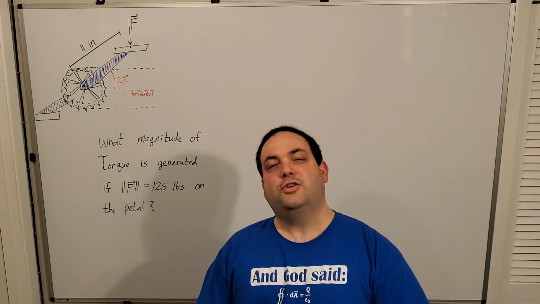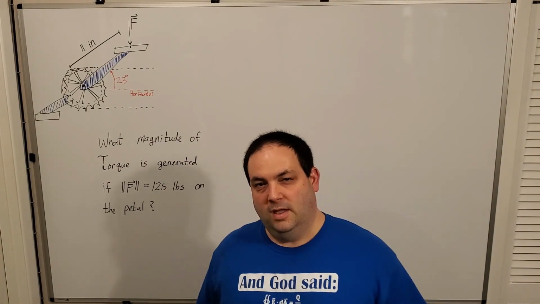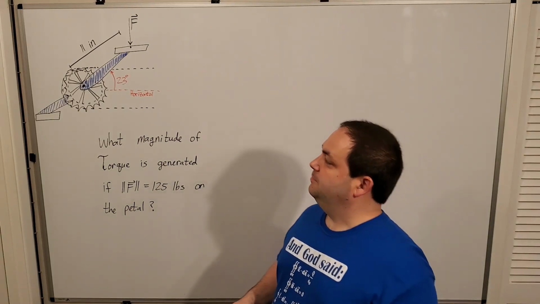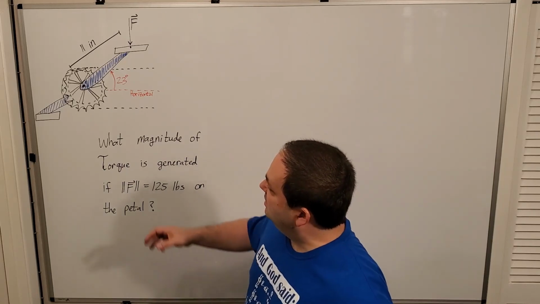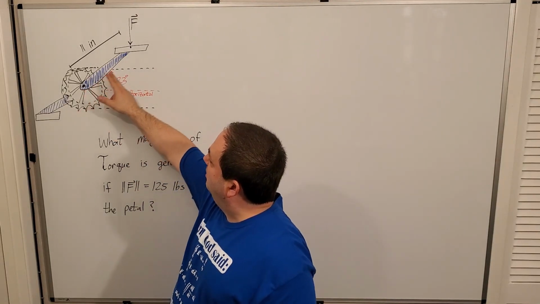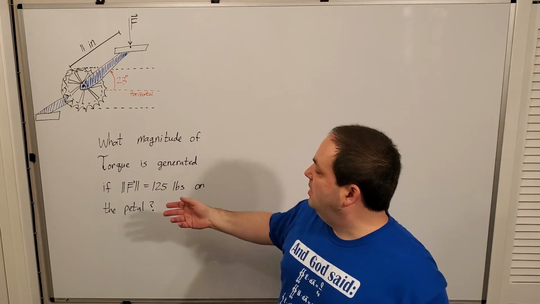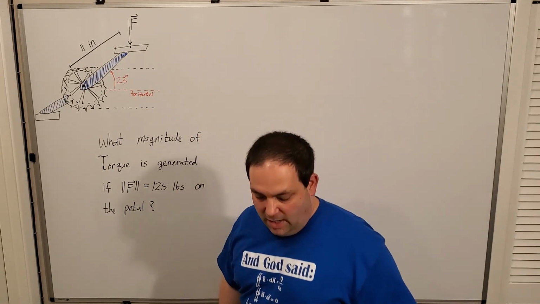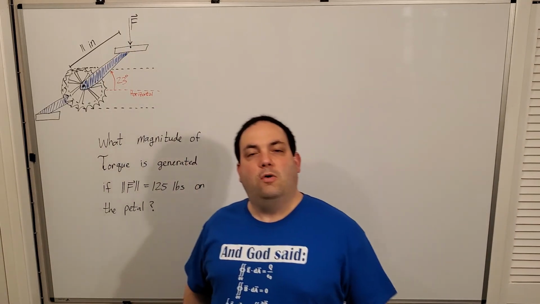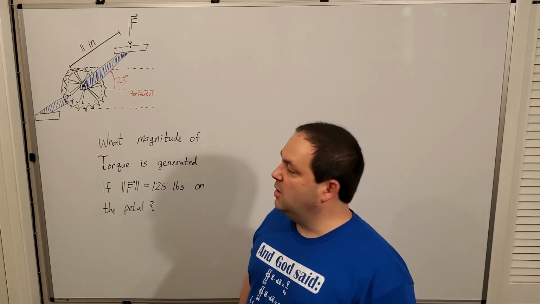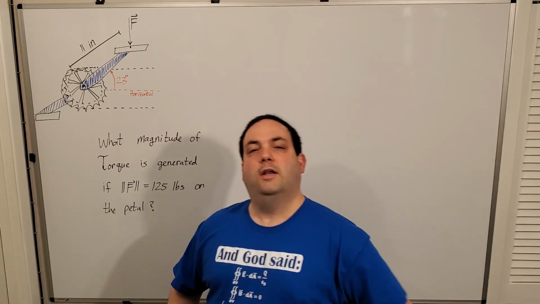So now let's finish up with a torque problem. Some more vector applications. I've got a pedal mechanism here. The length from the crank all the way to the pedal is 11 inches. And I've got someone weighing 125 pounds pushing down with all their weight on that one pedal. Maybe they're pumping up a hill and grinding their whole weight on it.